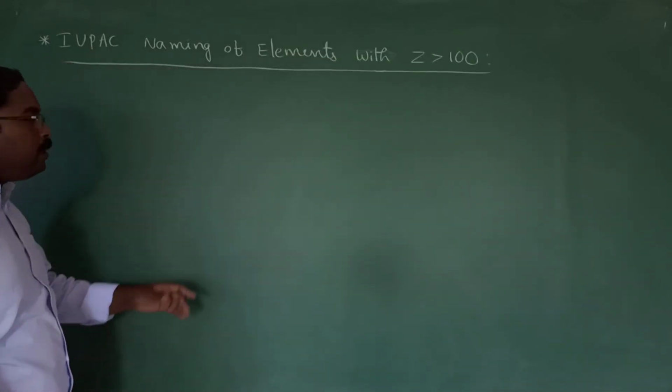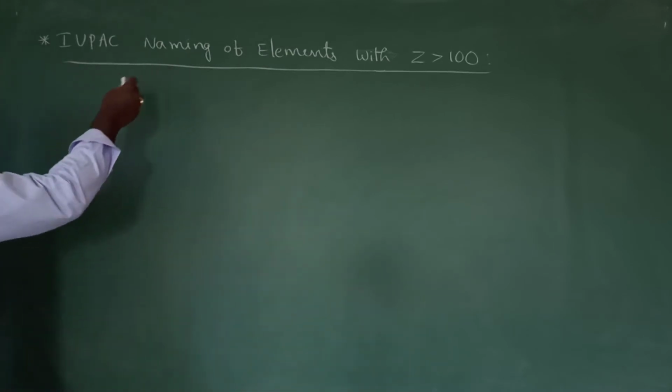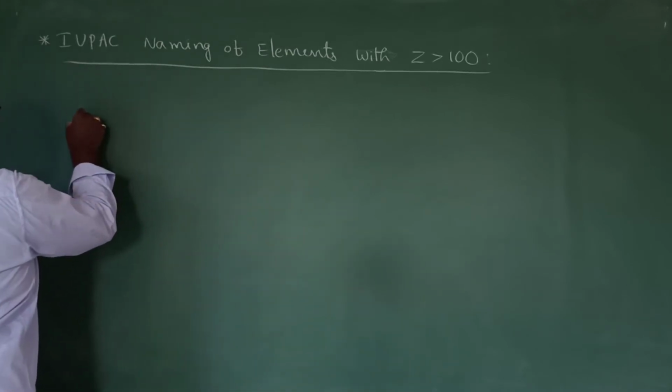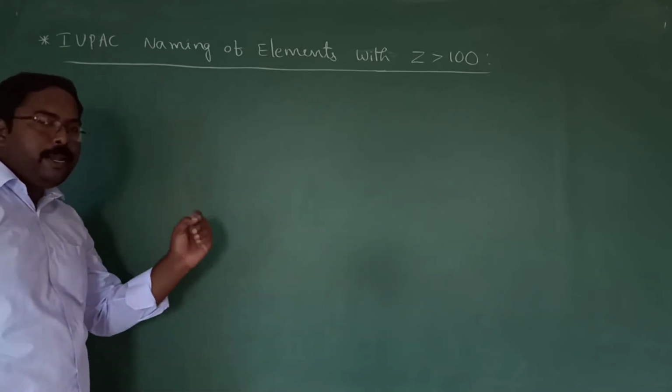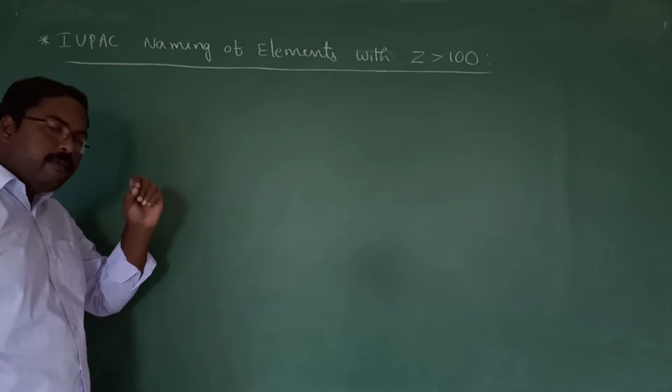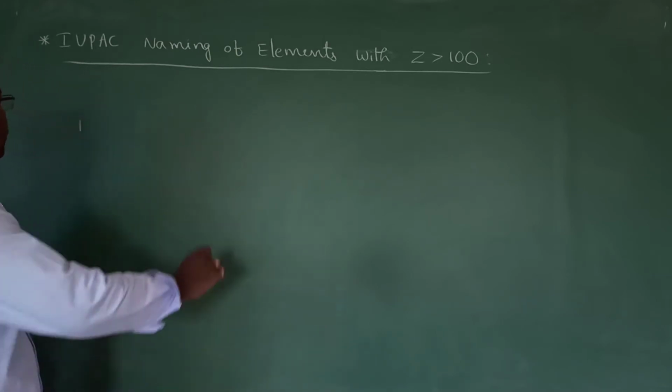While naming these elements, their name was given based on their atomic number only. But while coming to the representation of the number, or while writing the name of that element, they gave some root words.